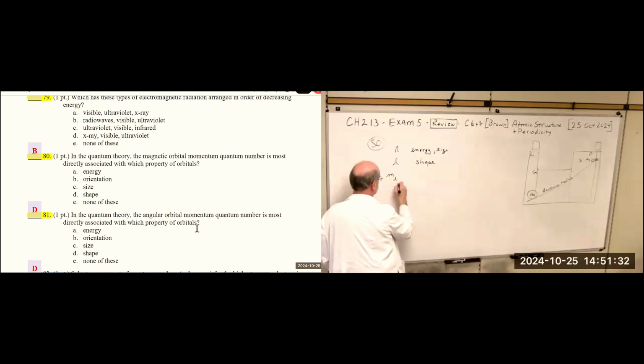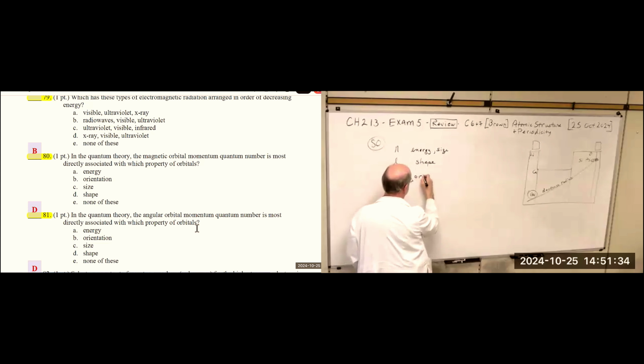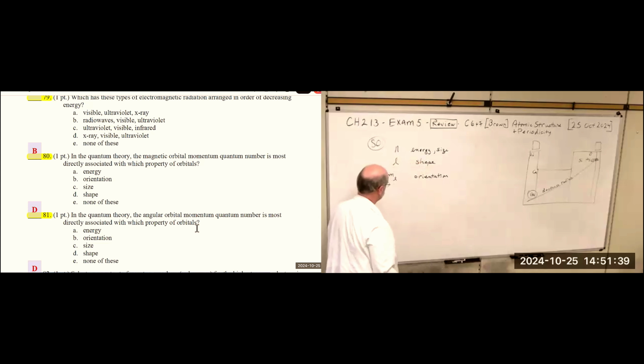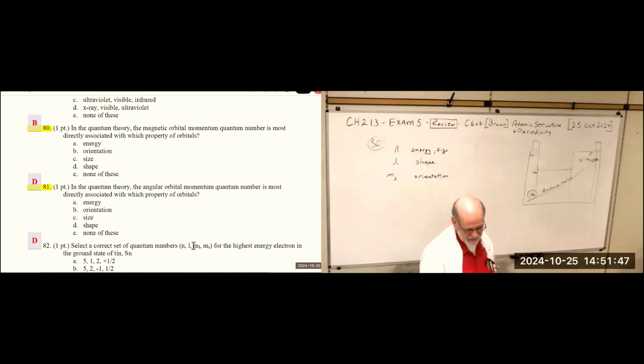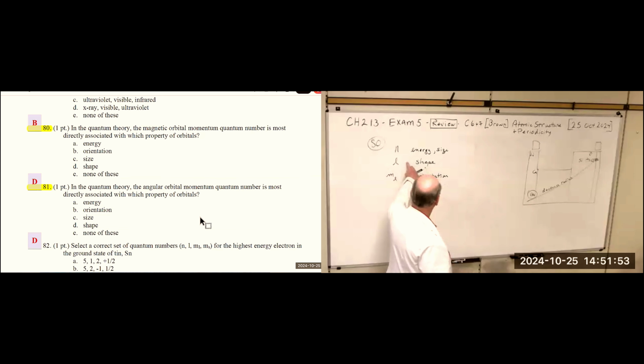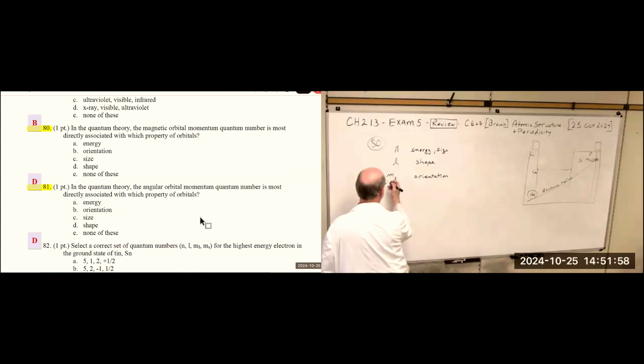The magnetic quantum number is orientation. And then spin is obvious. So orientation is the answer to 80. 81, the angular momentum is shape. So this is 80 here. This is 81 there.